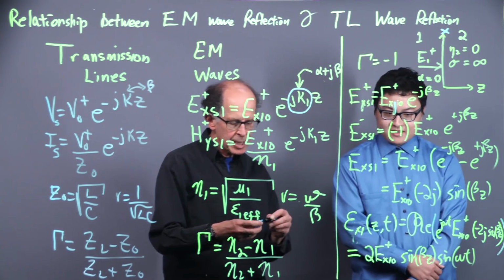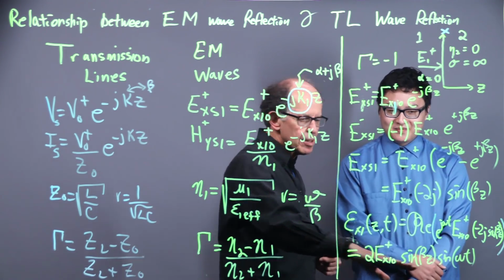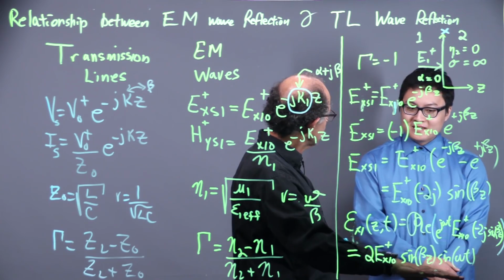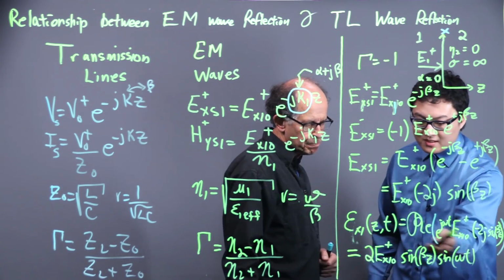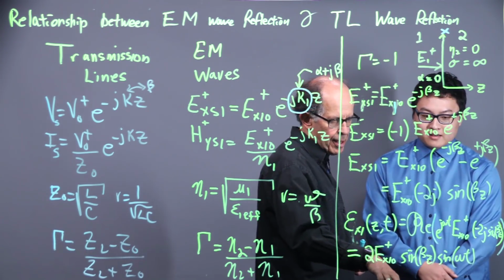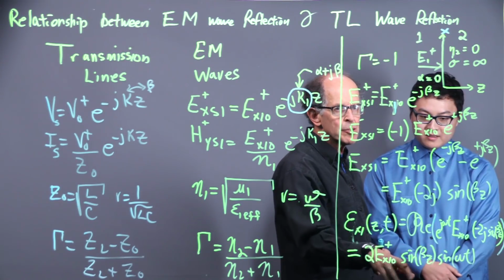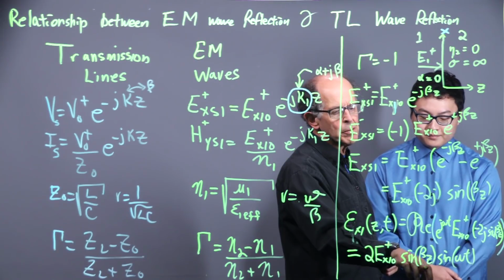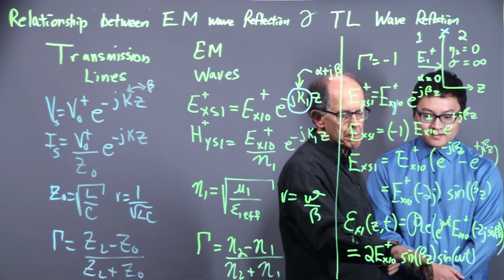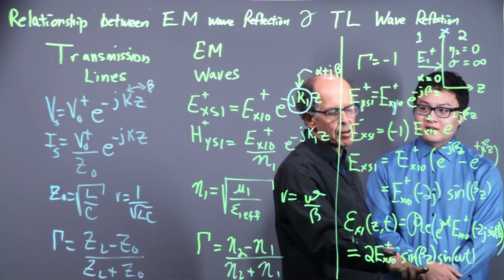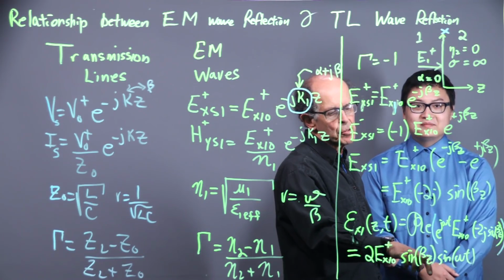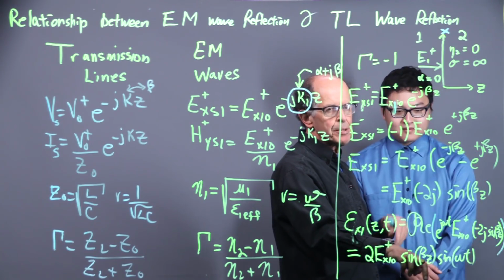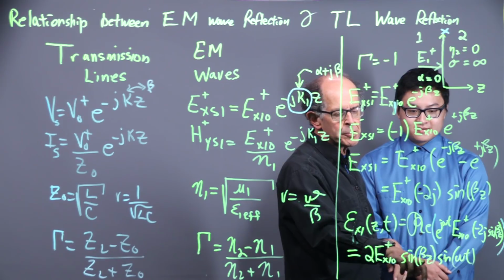Perfect. So we see that this is a standing wave, because there's no translational component. It's not t minus beta z, it's a product. So also, you know where the zeros are: anytime beta z is a multiple of pi. And we also know where the peaks and troughs are.